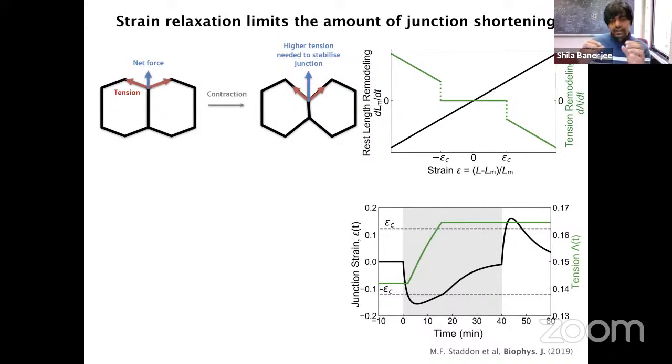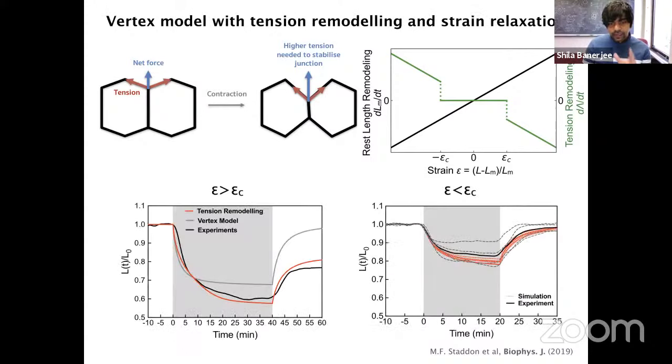So what happens is that as the tension is increasing, the strain is also relaxing. And as a result, both these mechanisms can give rise to the expected behavior that we see in the experiment, that when the applied force is above a certain threshold, we see irreversible changes in junction length. But when the force is below a certain threshold, we see reversible behavior, okay?